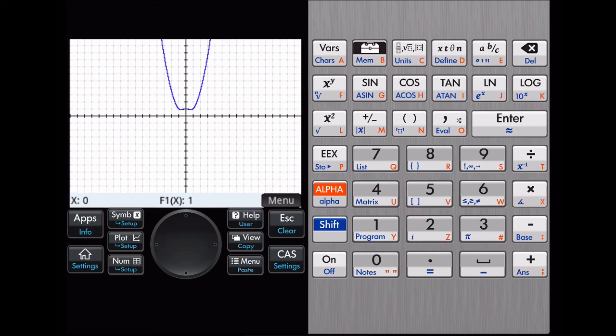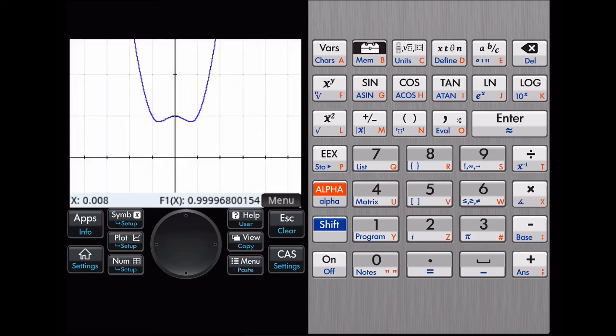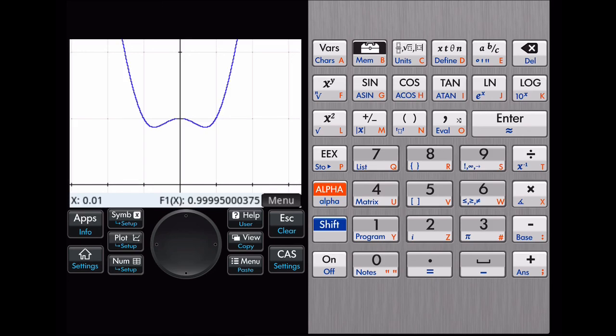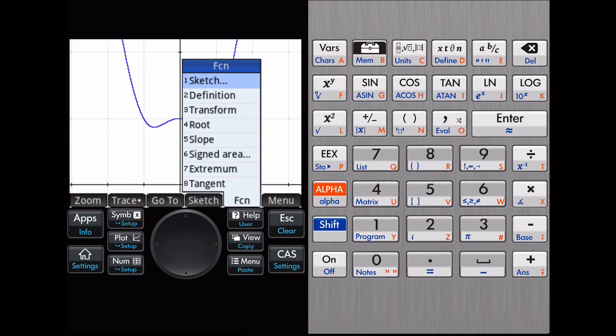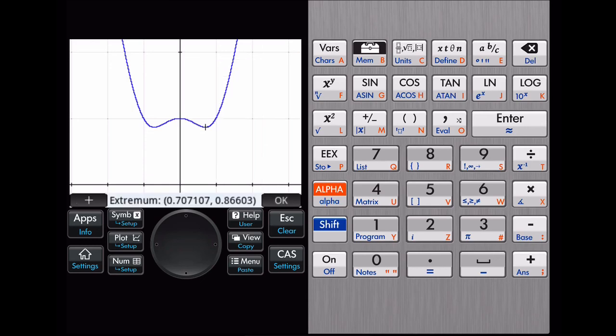There we go. So now I can kind of see more clearly here. There's our graph. And notice how we actually can calculate the extremum because there's a minimum point right there. 0.707, 0.866. And actually, if we go to the other side, notice how it's actually the exact same thing, just negative. So that's pretty cool.